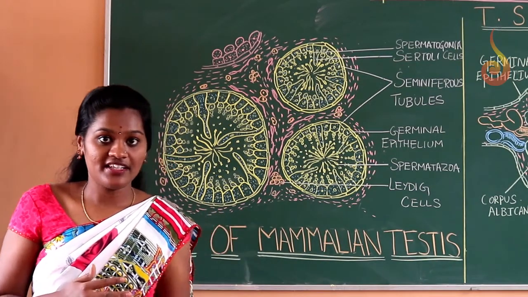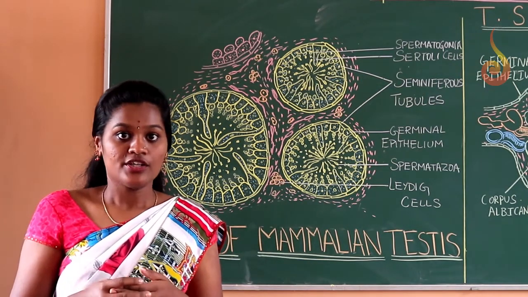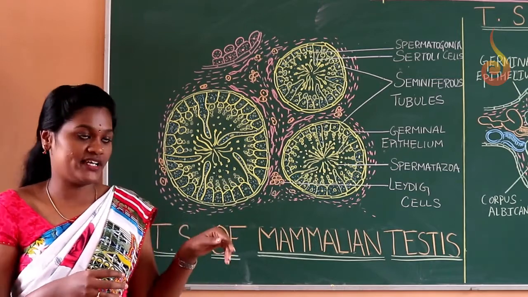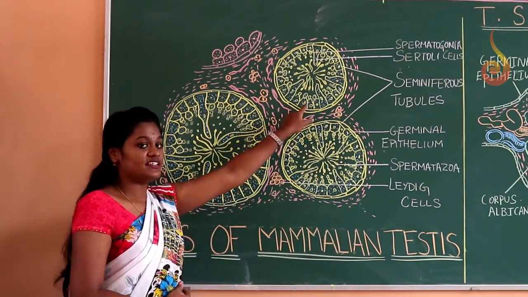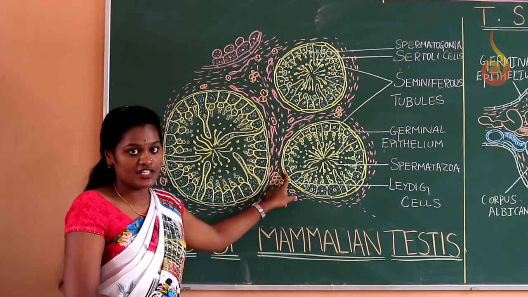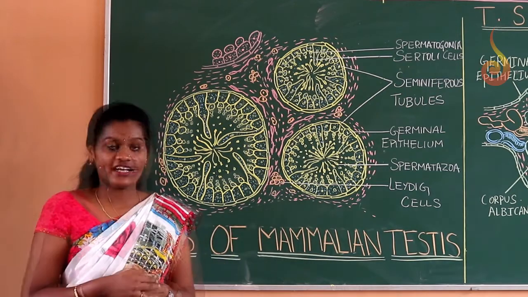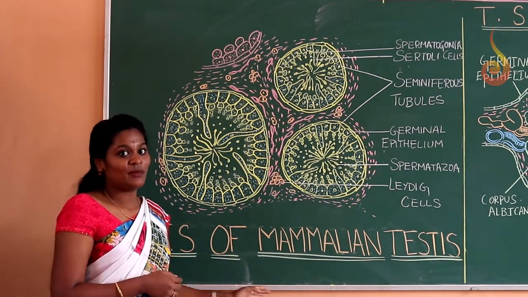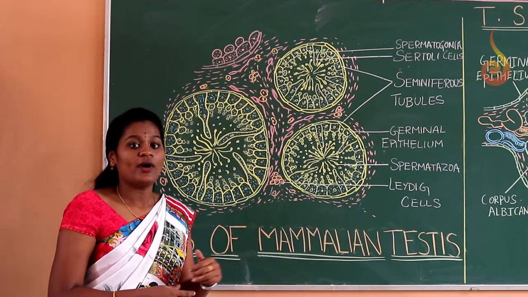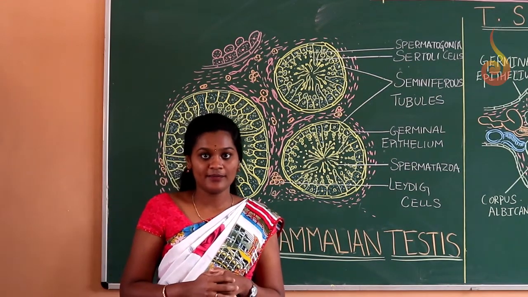While identifying the slide in the microscope, you just have a clue that you observe a compartments same as it is in the diagram. These compartments are called as seminiferous tubules. Keeping this in mind, you can identify this slide as TS of mammalian testis. This identification carries 1 mark.